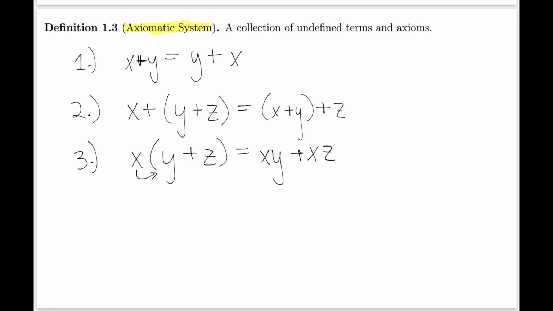But kind of the beauty of math and part of the creativity is that even though we've got all of these axioms that we assume at some point or another, we can throw some of them away and challenge some of them to see, well, what would happen if we didn't assume some of these things? What would happen if we didn't assume that addition was commutative? Or what if this isn't how multiplication and addition act together?